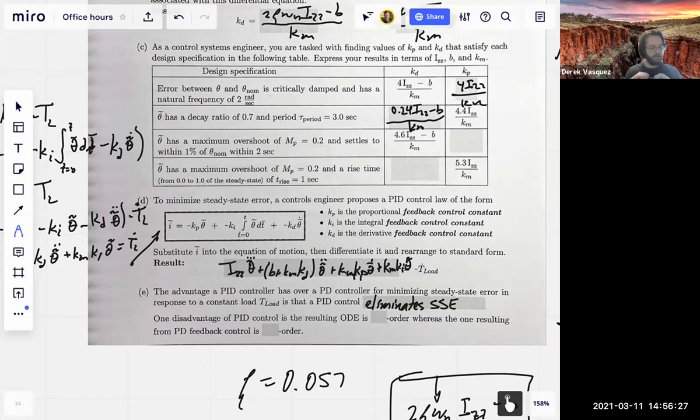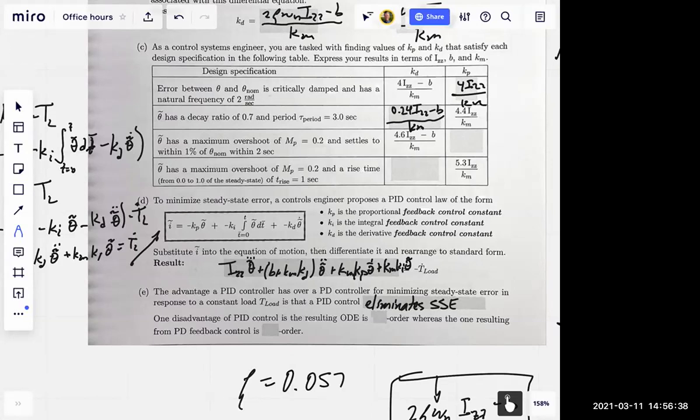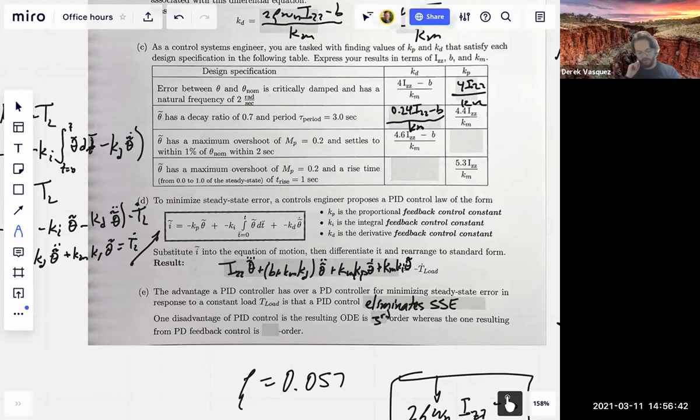So one disadvantage of the PID control is the resulting ODE is what order? So what order is that ODE that we just wrote? Third. Right, it's a third order ODE, whereas the one resulting from PD feedback control is just a second order.